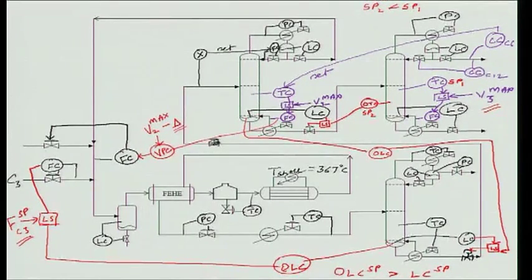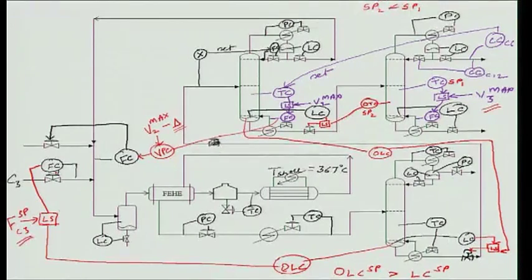And now what will happen is the level on the purge column bottom will be uncontrolled, therefore this level will start to rise, and ultimately this level will rise so much that the override level controller on the purge sump, that override level controller will say, oops, my level has risen too much, reduce the propylene feed, and ultimately this low select will pass the level controller set point to the propylene feed flow controller.